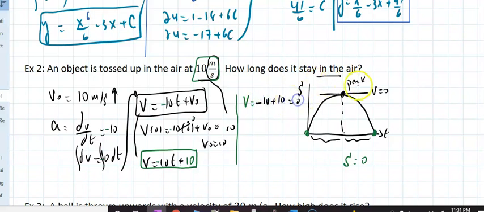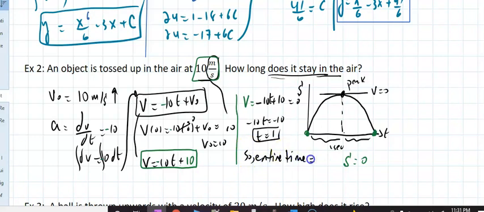And if I set that equal to 0, I'll notice that negative 10t plus 10 equal 0, so t equal 1. So this is going to take it 1 second to reach the maximum height. When it says how long does it stay in the air, well, the entire time is 2 times 1, which is 2 seconds in this case.